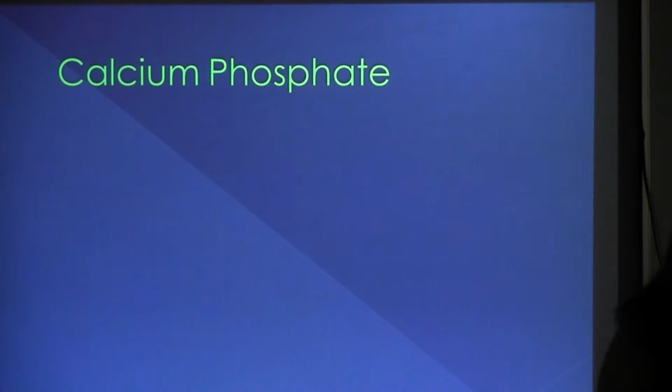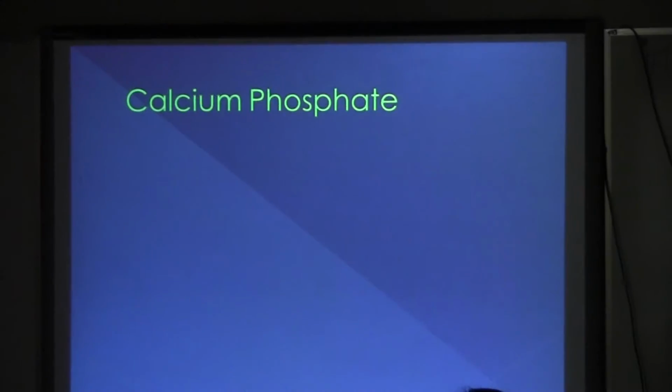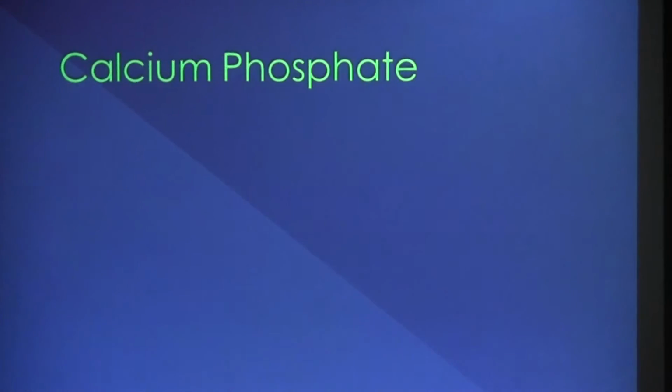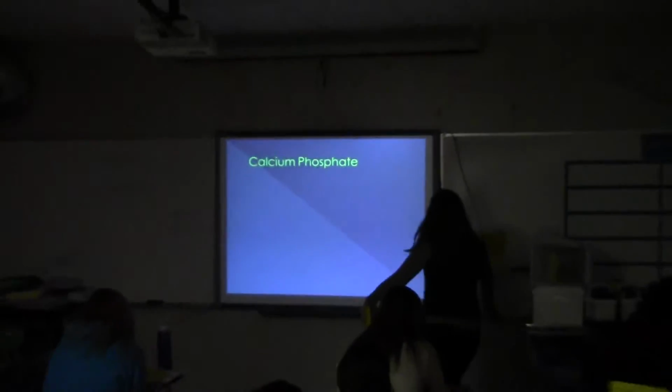So what's your first step? Write down the metal. The metal is going to be the calcium, Ca. And what's the oxidation number for Ca? Plus 2, yeah.